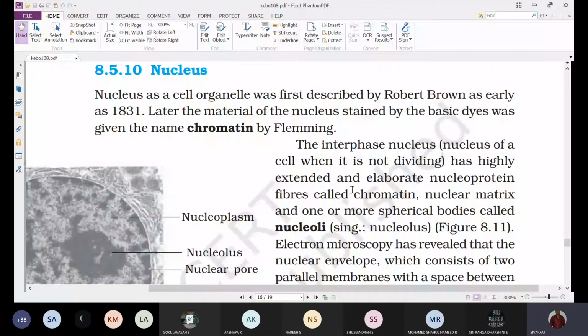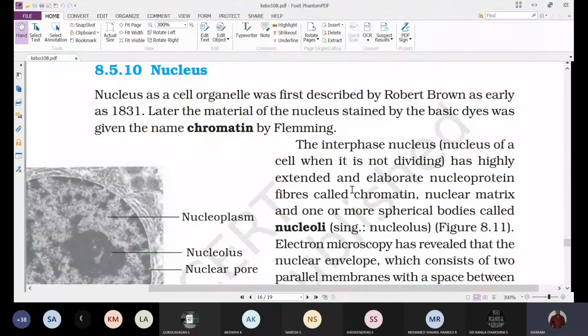But later, the material of the nucleus stained by basic dyes was given the name chromatin by Fleming. Robert Brown described only the nucleus, a cell organelle present at the center of the cell, usually in animal cells.